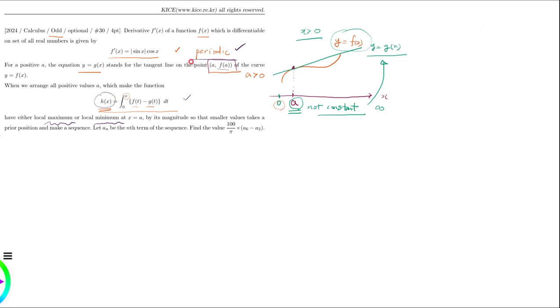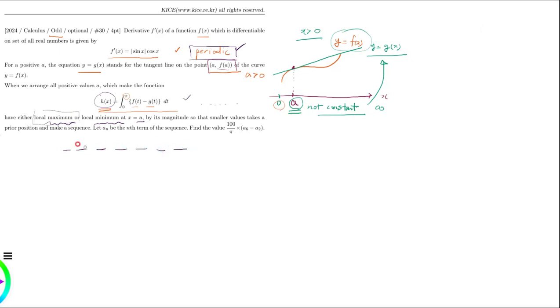It could not be the same as the periodicity of the original function, but it should repeat each process, and it has infinitely many local maximum or local minimum once it has at least one local maximum or local minimum. It repeats. So for positive a, we can make a sequence.